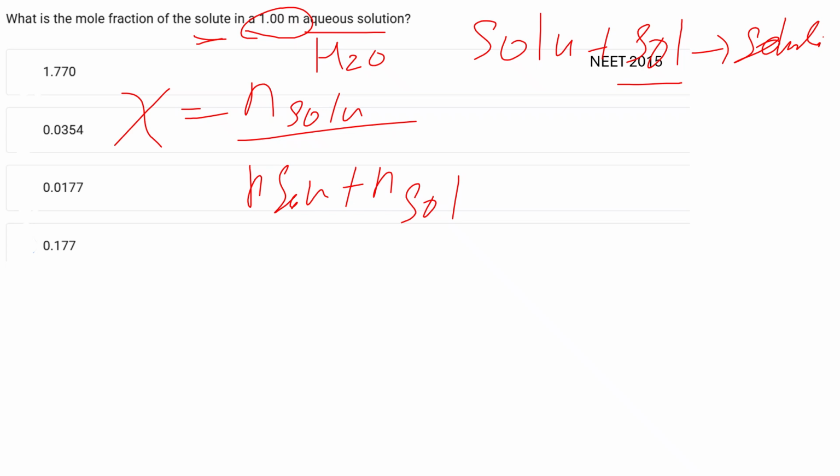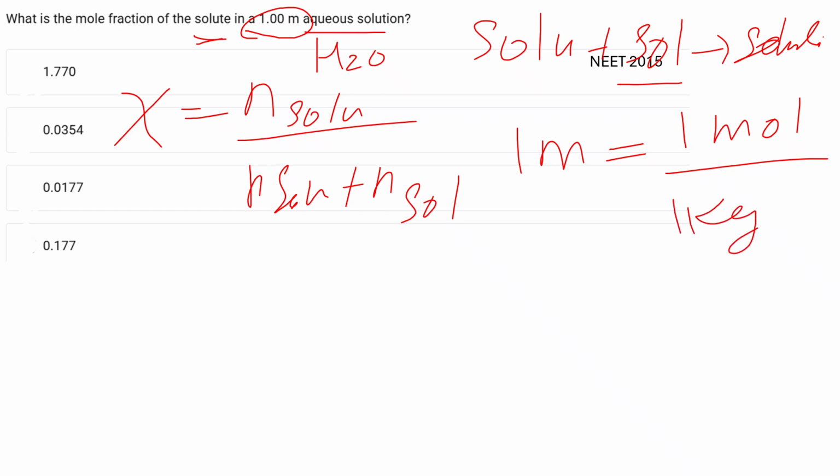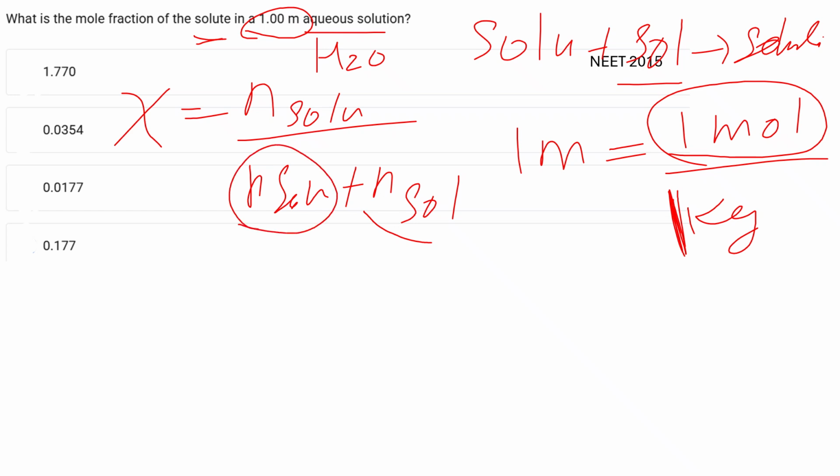Here it is 1 molal, which is nothing but 1 mole of solute in 1 kilogram of solvent, right? So the number of moles of solute is 1. Here it is 1, we found.